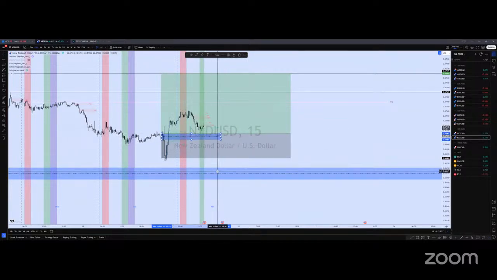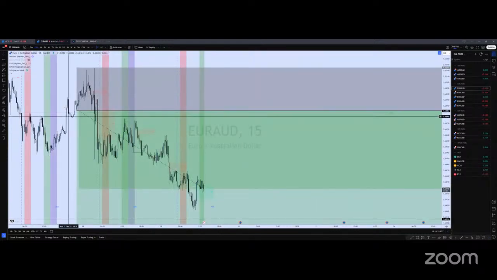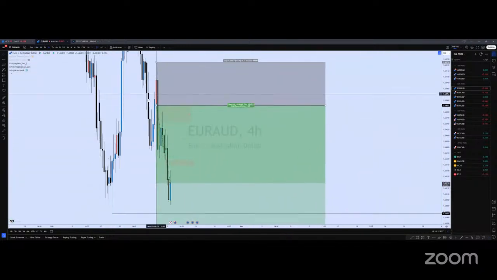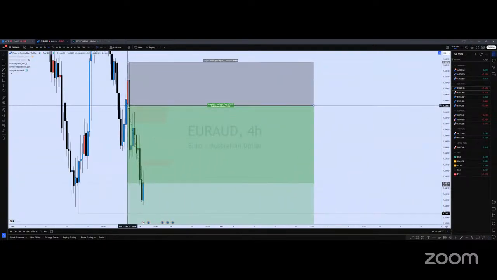Now, I did talk about Euro Aussie and Euro CAD going lower for the week. So far, so good. Yesterday, I wanted to see them at least come back to this candle's high, this candle's low, and then resume going lower.